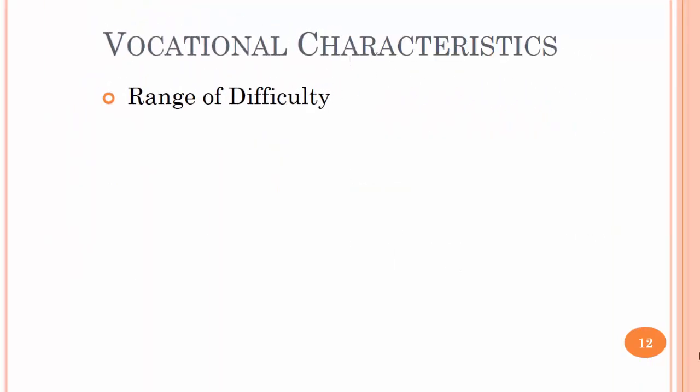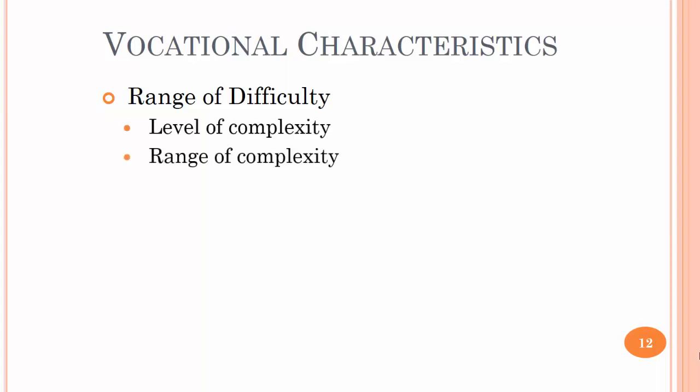So let's take a look at some of the vocational characteristics that are important to consider as we evaluate people in terms of their executive dysfunction. Important vocational characteristics include the range of difficulty of the job tasks, beginning with the level of complexity, but also including the range of complexity faced by the person from very simple to quite complex.